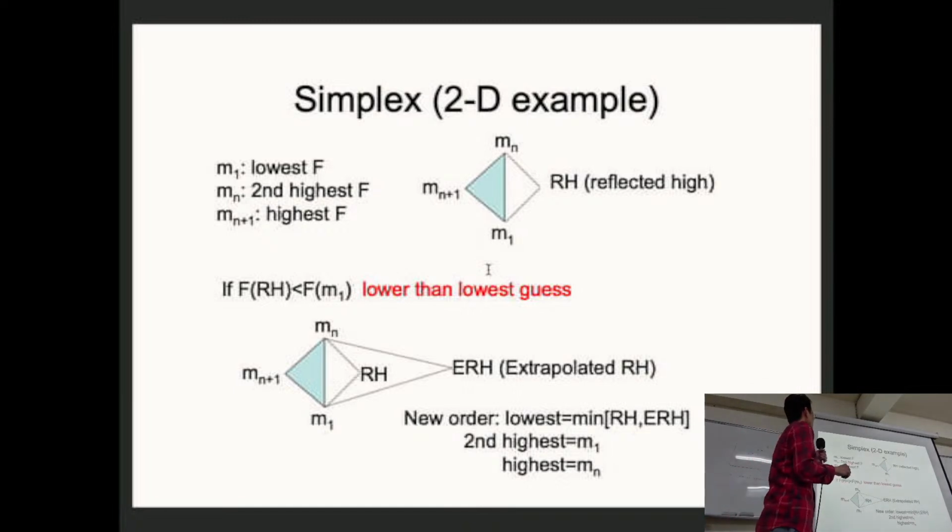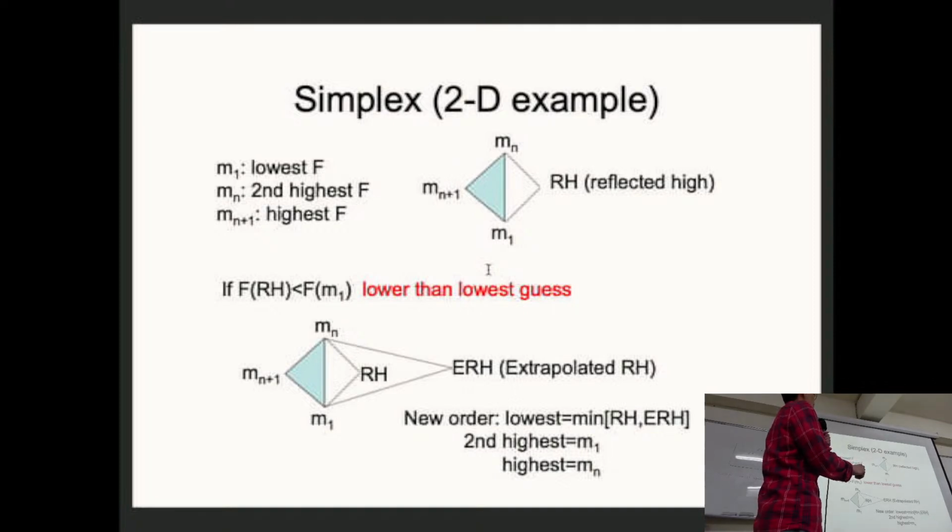So again, that's the initial condition. I have m1 as the lowest f. I have n plus 1 as the highest f, and the intermediate, or I call it the second highest f. Okay, you can make an evaluation, and then we also need to decide along this plane, along this line, right? If it's three-dimensional, this is a plane.